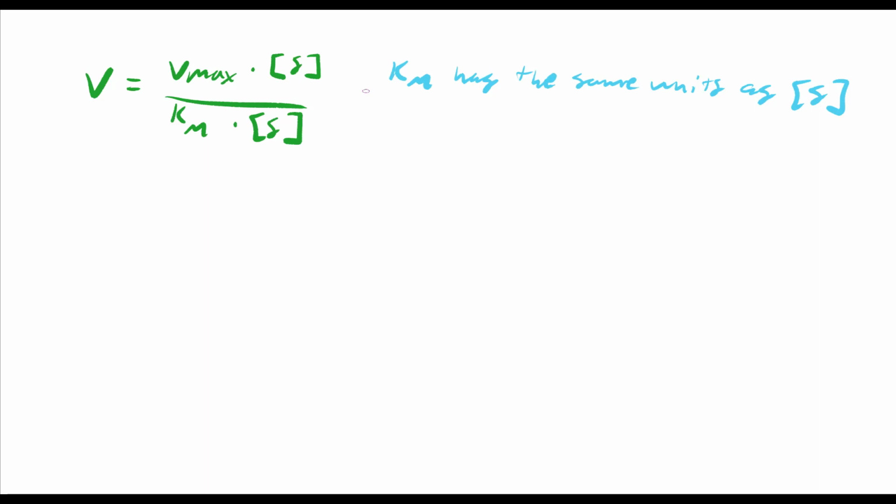Well, what if we have a point of the reaction where the Km is equal to the amount of substrate? It's like, what if we measured the enzyme's love for the substrate, but then that amount was equal to the amount of substrate available?